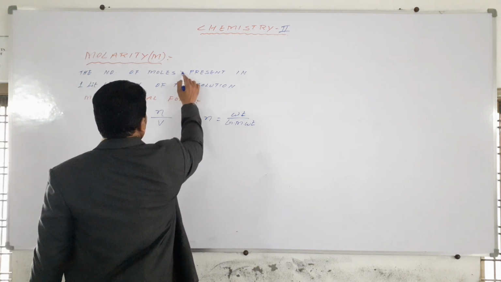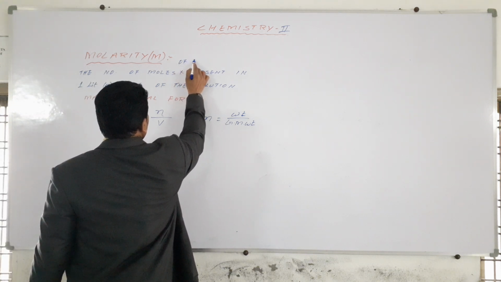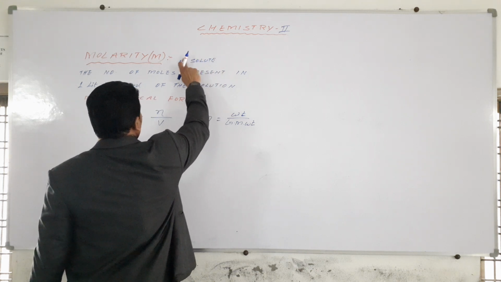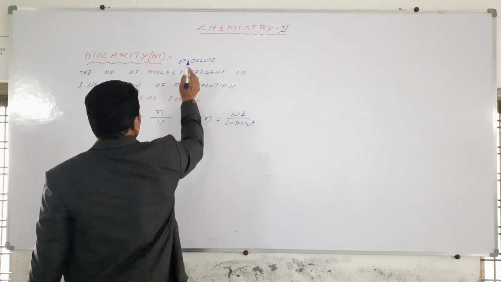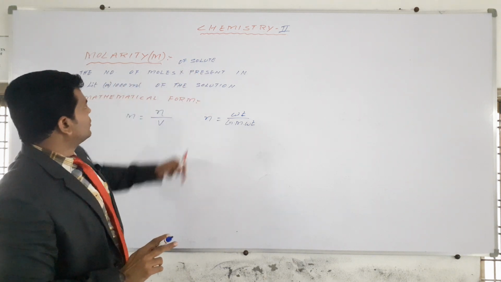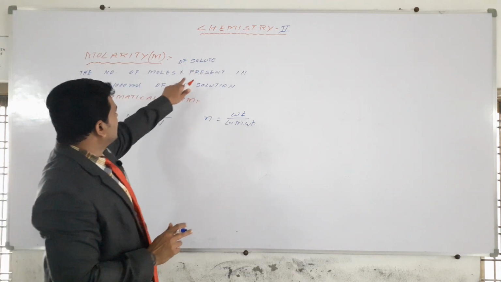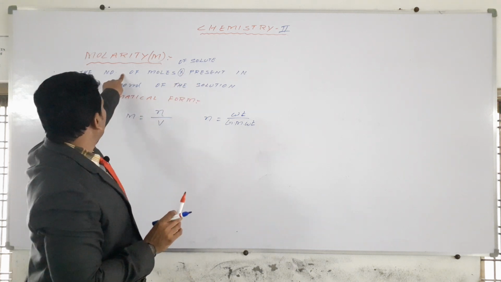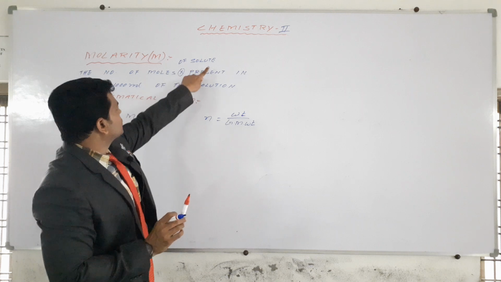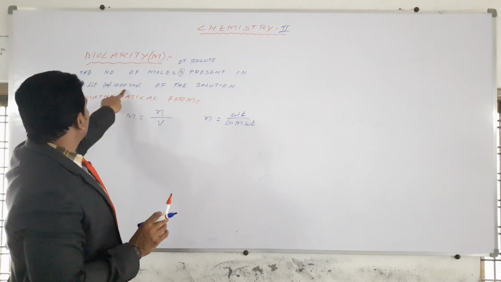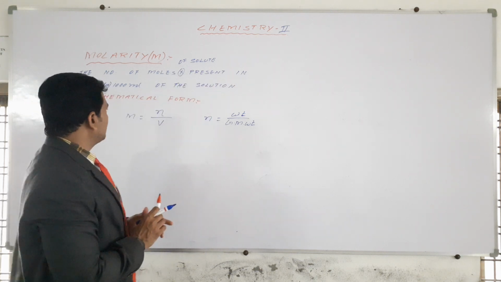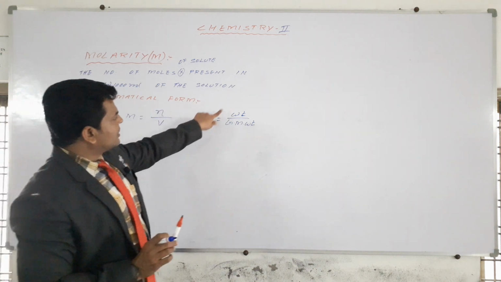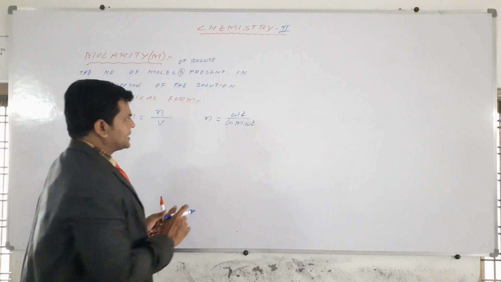Molarity is the number of moles of solute present in 1 liter of the solution. Mathematical form is M equal to N by V. N is equal to weight by gram molecular weight.